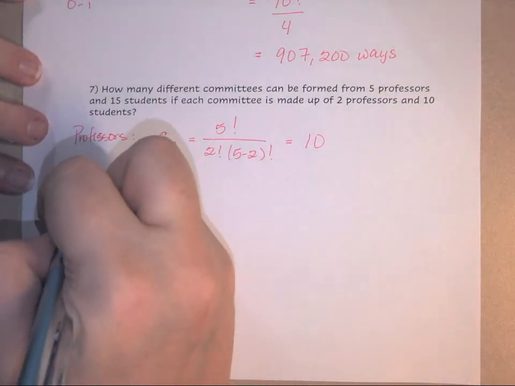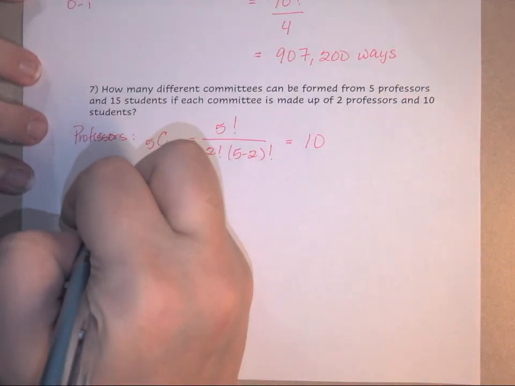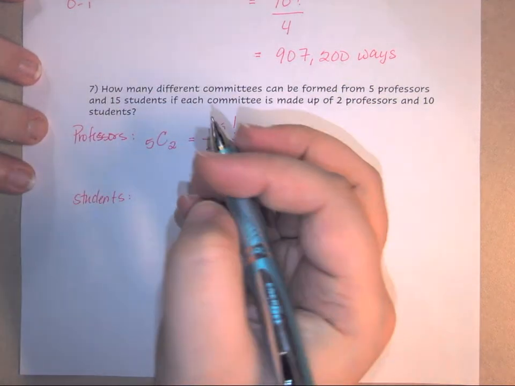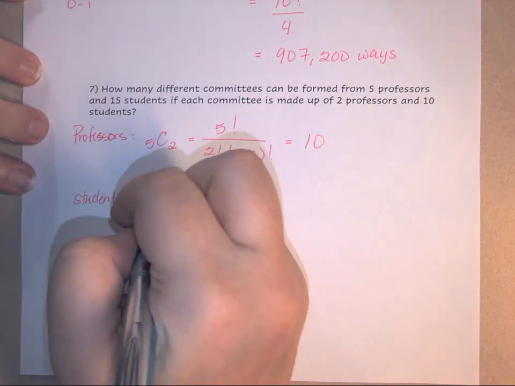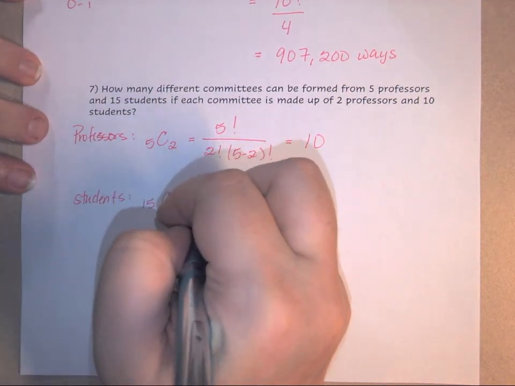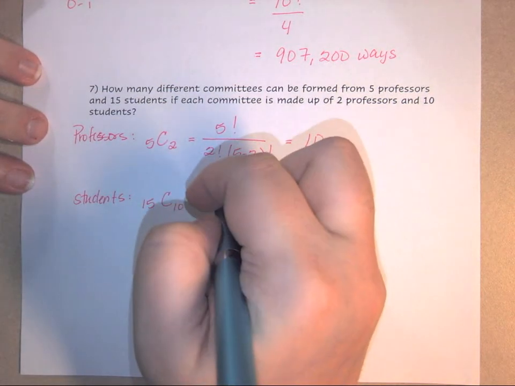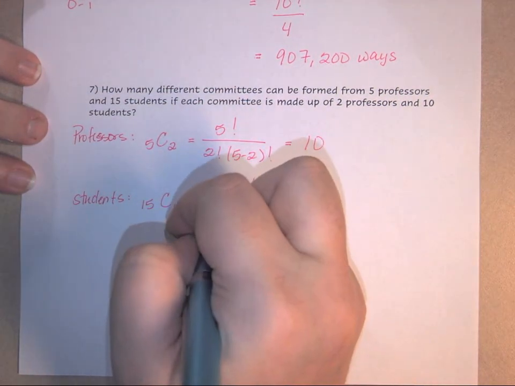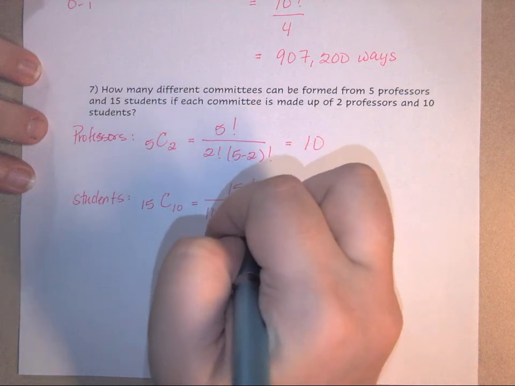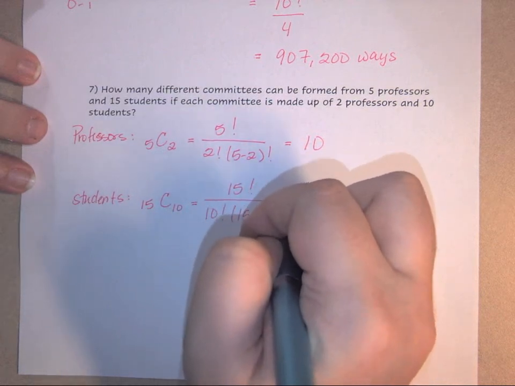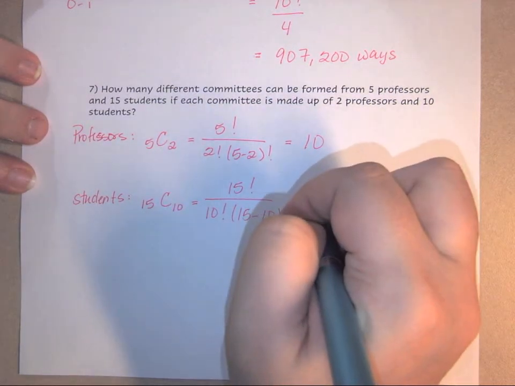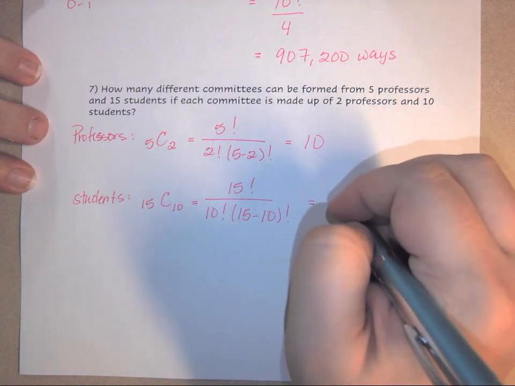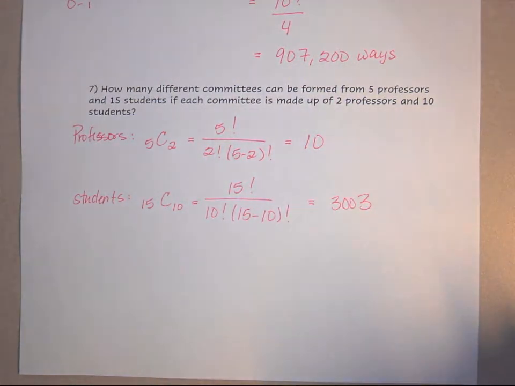I then have to look at the students, which in this case is 15 choose 10. So this is 15 factorial over 10 factorial times 15 minus 10 factorial, which gives me 3003.